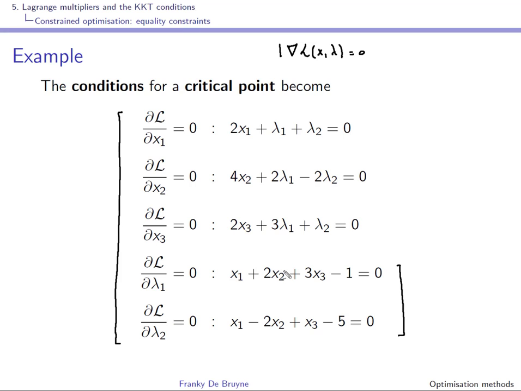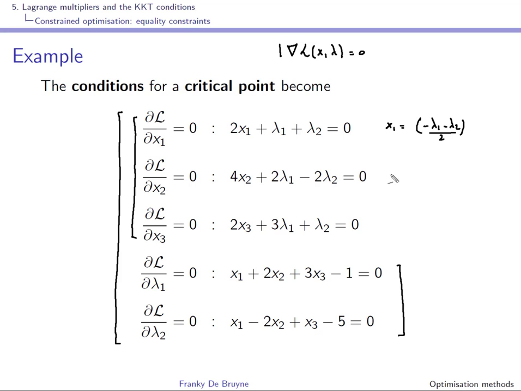So there are several ways to arrive at the solution. I think that here the easiest way to go is to look at the three first equations and write x1, for instance, as a function of lambda 1 and lambda 2. So in this case it will be minus lambda 1 minus lambda 2 divided by 2.